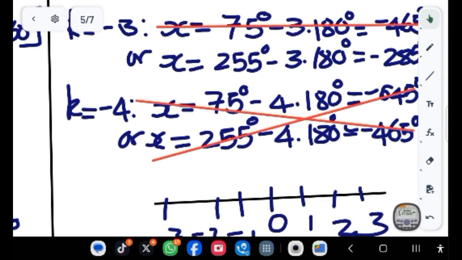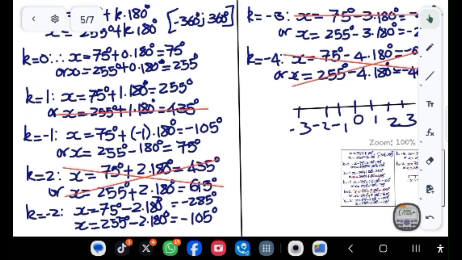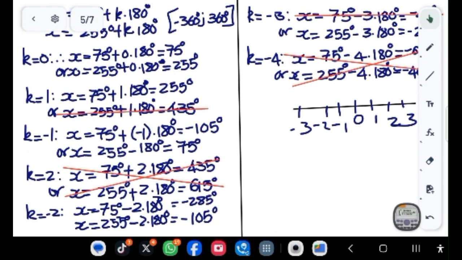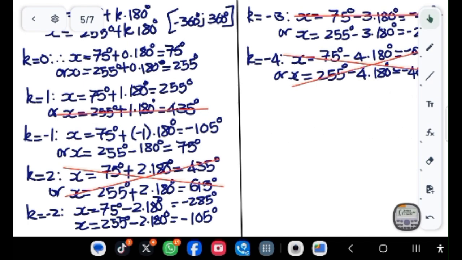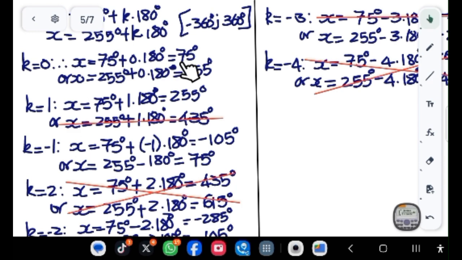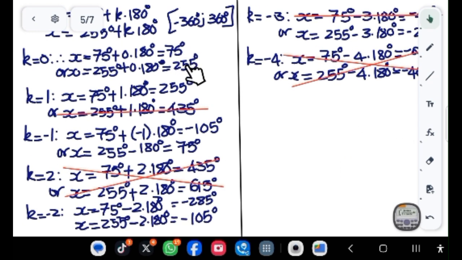For k equals 2, all of them are outside of the restriction. There's no point in going for k equals 3 because all of them will automatically be outside of the restriction. Now here is what the solutions are within the restriction.